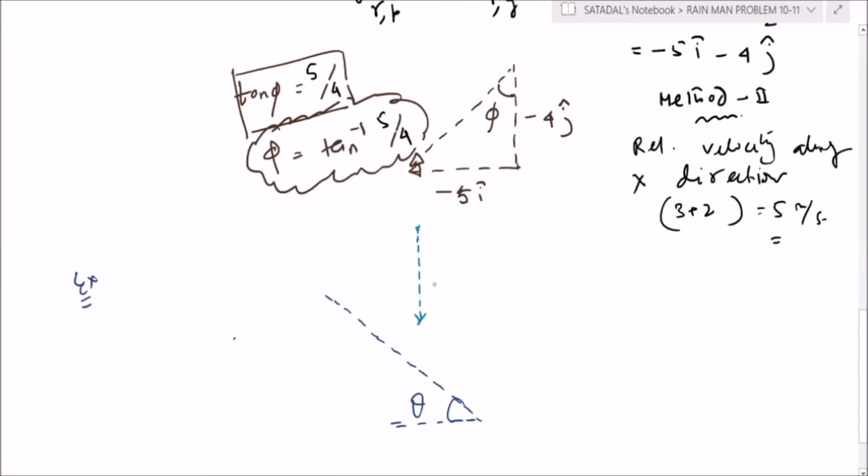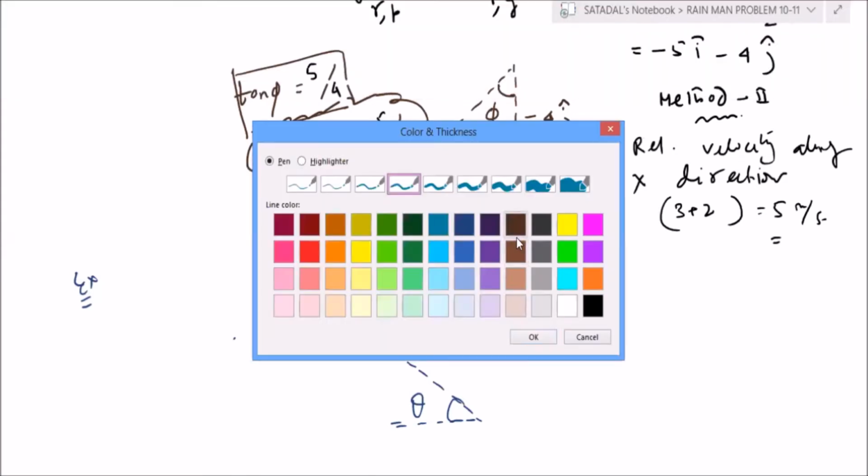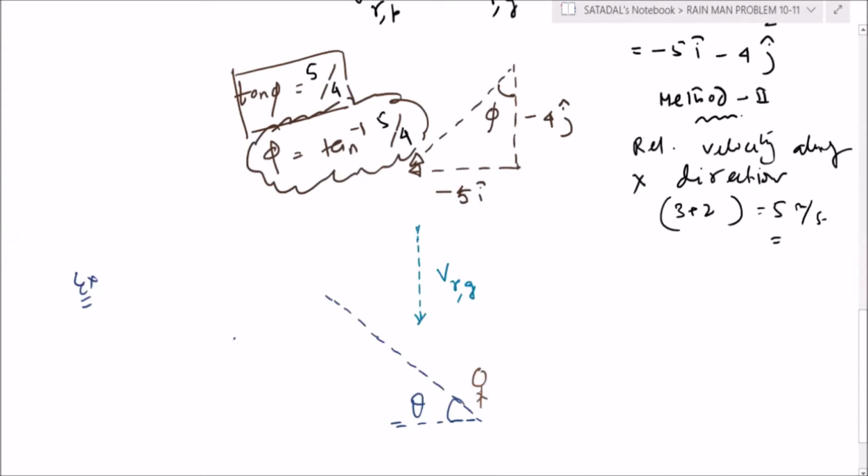Correct. Let us say this is V rain with respect to ground, and a person is trying to move up in this direction. That is velocity of man with respect to ground. Correct. Okay. So what will be the circumstance that we want to check?